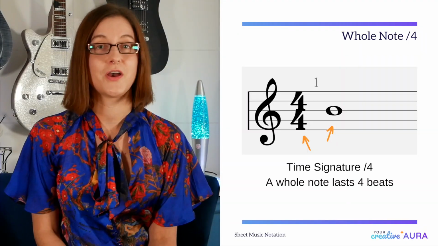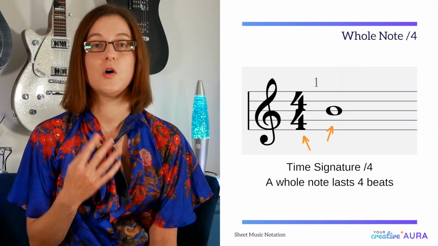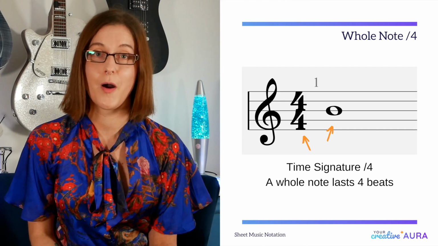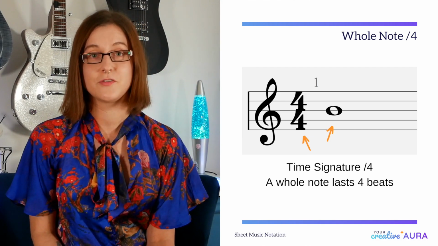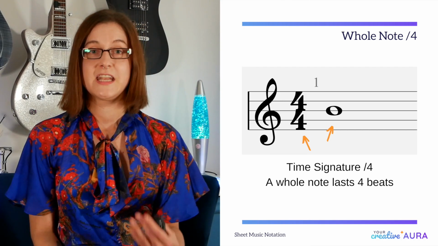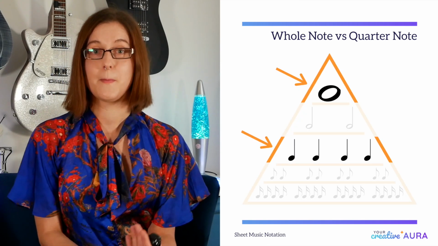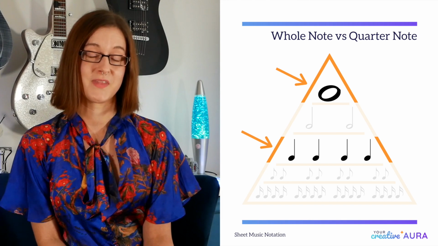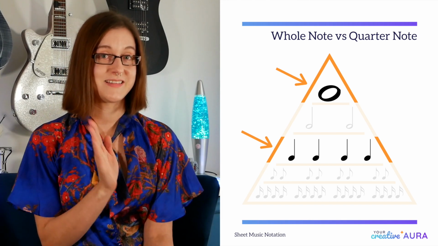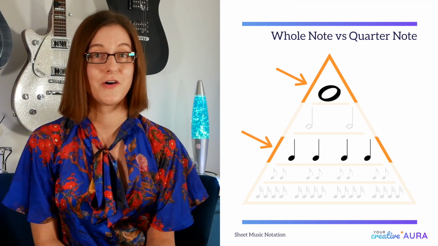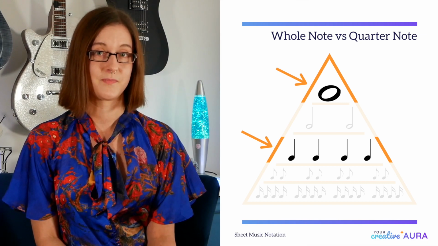In time signature 4/4, a whole note will last 4 beats, which will fill the entire bar, as a bar requires 4 beats. Now, it is 4 beats because 4 quarter notes make a whole note, and the time signature /4 is based on the quarter note.